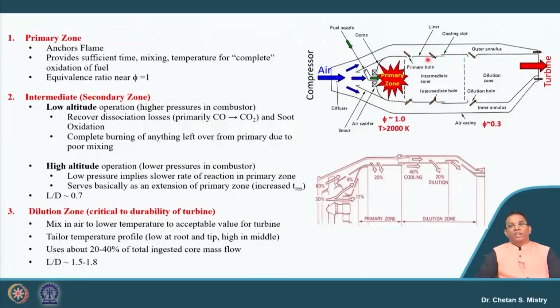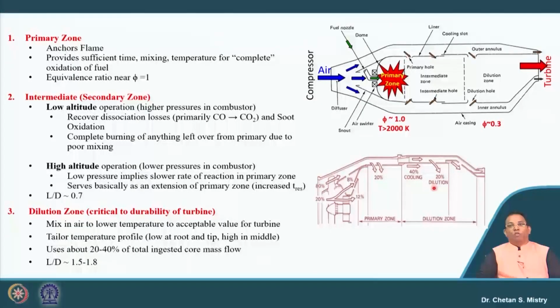After this, passing through the intermediate zone, from the primary holes, cooling air will be passing through. Since combustion is happening inside my combustion chamber, the wall temperature will rise, so it needs to be cooled. Different kinds of cooling mechanisms are used for this purpose.